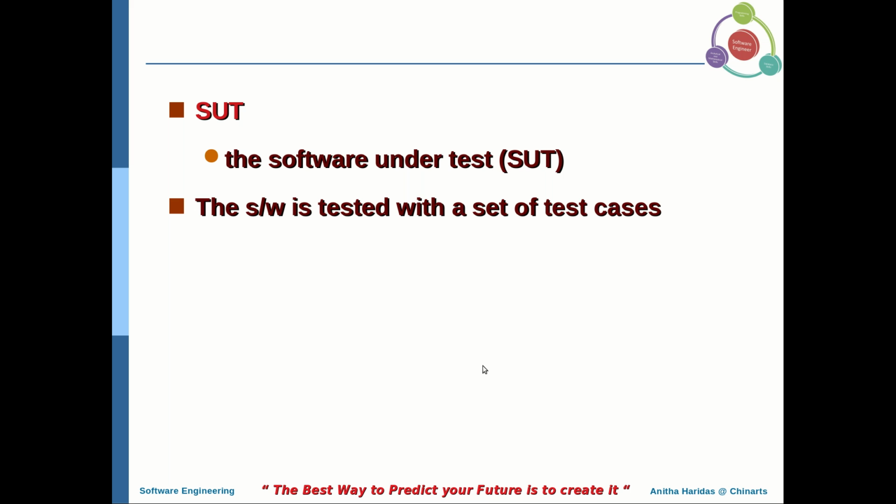When I say test case, you will give some valid inputs, you will give some invalid inputs, you will start executing the program with set of valid inputs, then with set of invalid inputs, and you will find out whether it is giving you the expected output, whether it is executing all the instructions, whether it is giving you the intended output. All these things will be done in the software testing.